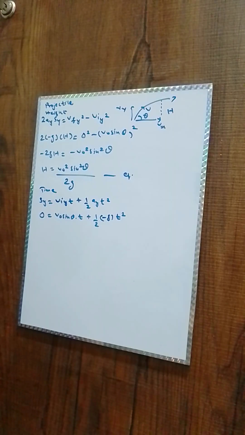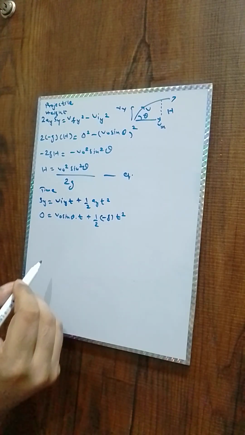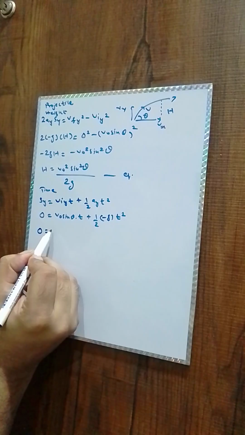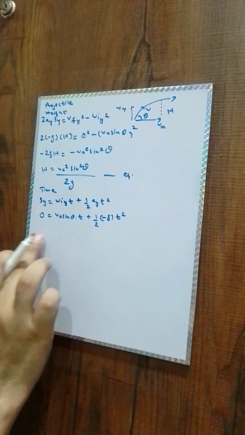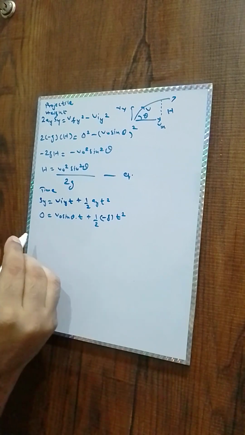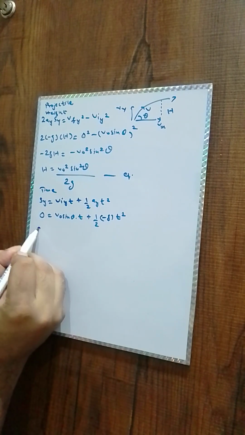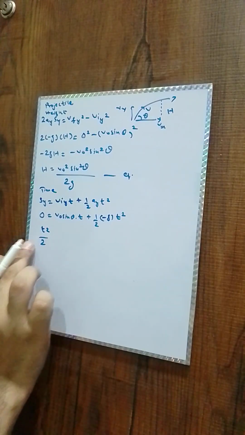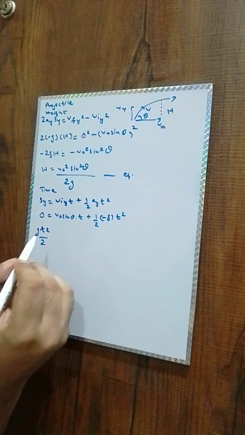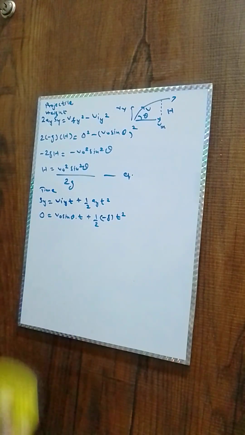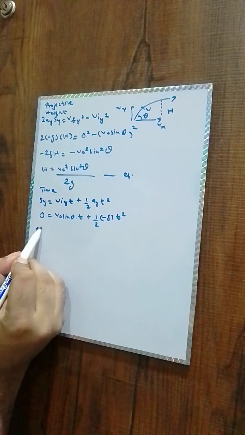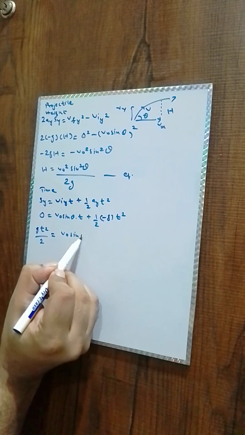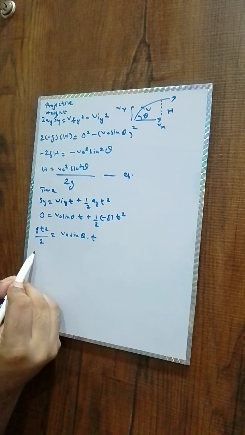So 0 is equal to v naught sine theta times t minus g t squared by 2, which means g t squared by 2 is equal to v naught sine theta times t.